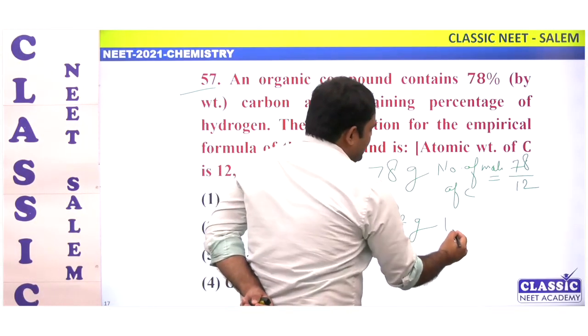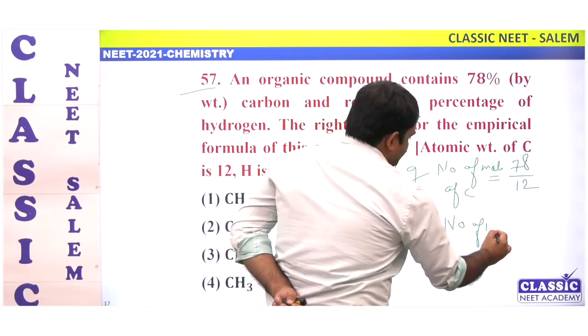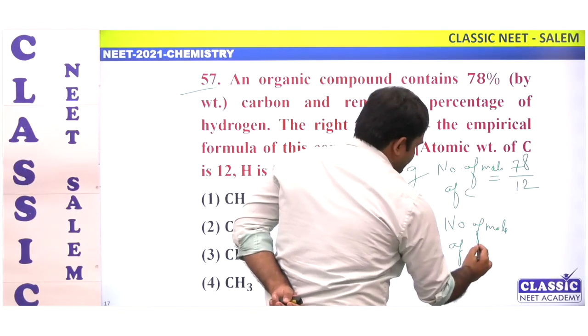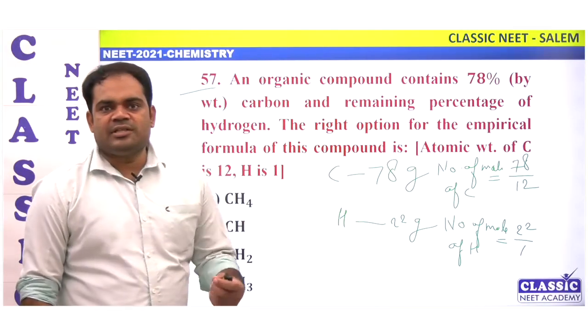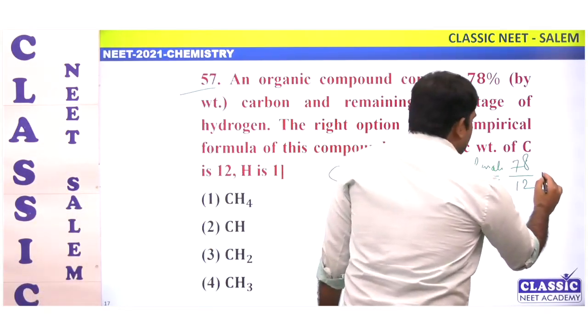So the number of moles of hydrogen is 22, and you know the atomic weight of hydrogen is 1. You can solve that.